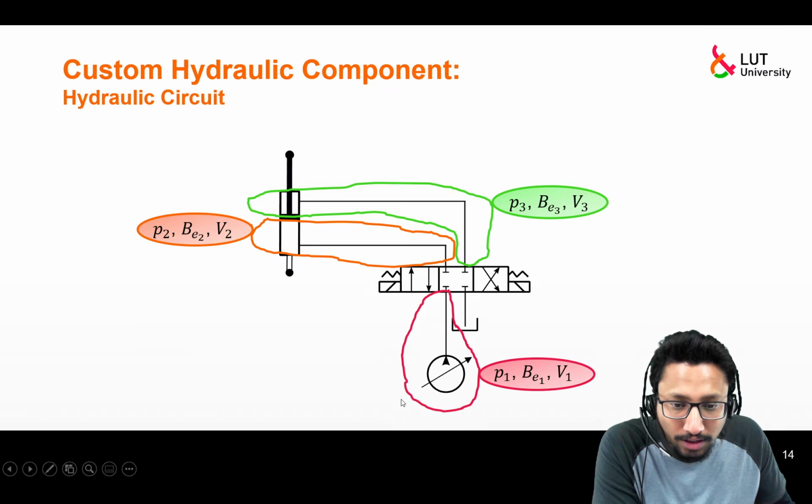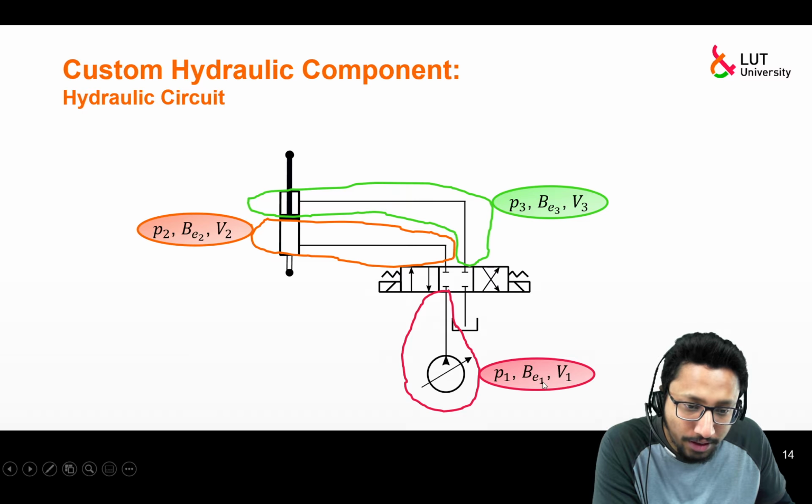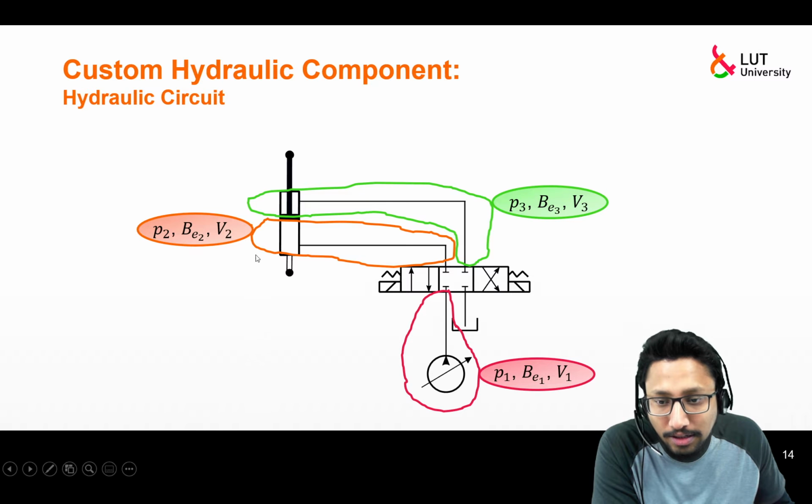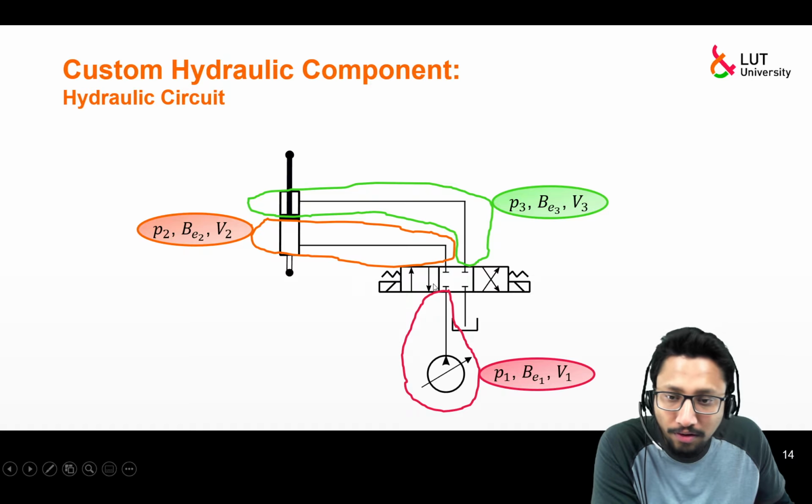So this part of the circuit is considered as section 1, where it has associated pressure, effective bulk modulus and volume. This is the piston side of the hydraulic actuator and this is the piston rod side. So section 2 comprises the piston side of the hydraulic actuator along with the hoses connecting that side with the directional control valve.